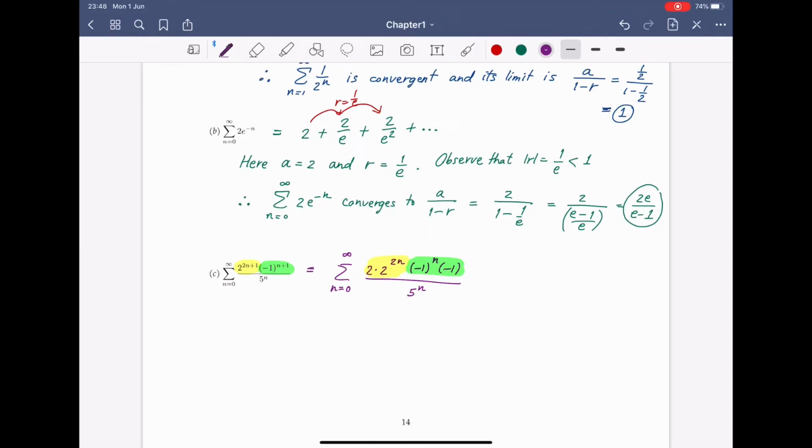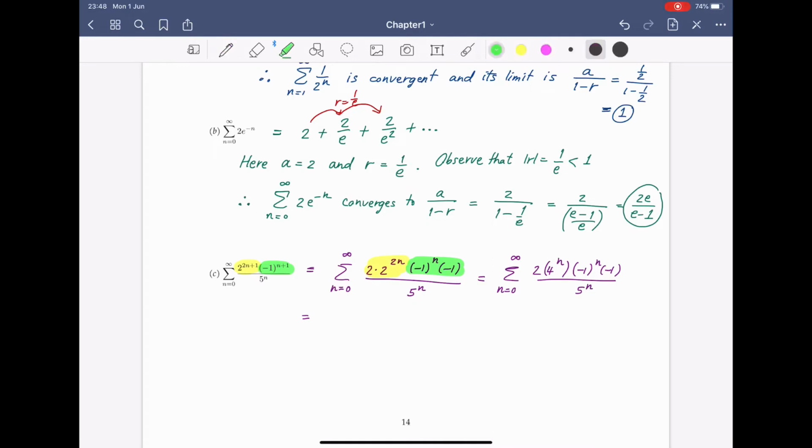The reason why I do this is because I want to group the things that are raised to the n together. So next I'm going to change 2 to the 2n to 4 to the n, right? And then I just do negative 1 to the n here, and then negative 1 over 5 to the n. Alright, now I can group everything together.